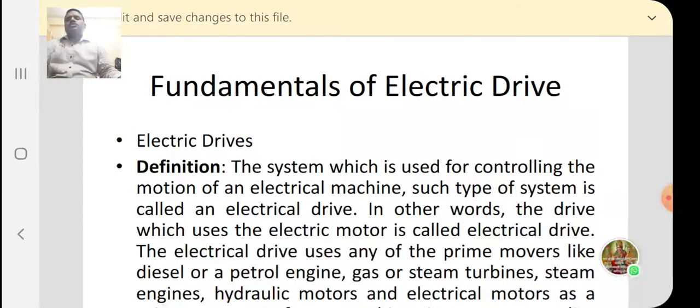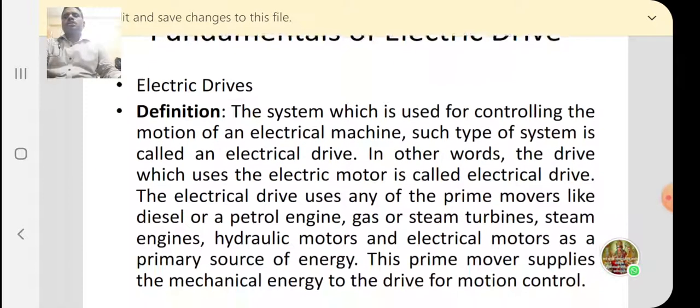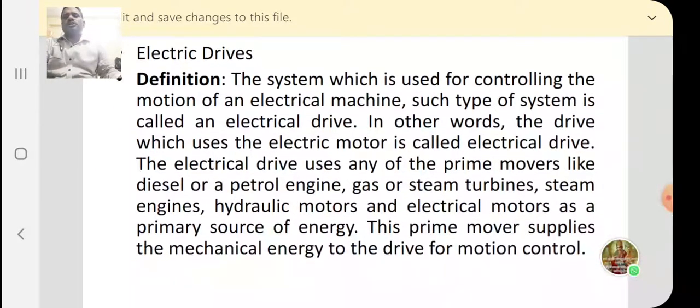In other words, a drive which uses an electric motor is called an electric drive. Electrical drives may use any prime mover, like a diesel or petrol engine, gas or steam turbine, steam engine, hydraulic motors and electrical motors as the primary source of energy. This prime mover supplies the mechanical energy to the drives for motion control.